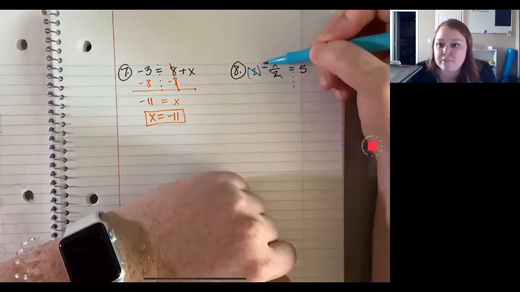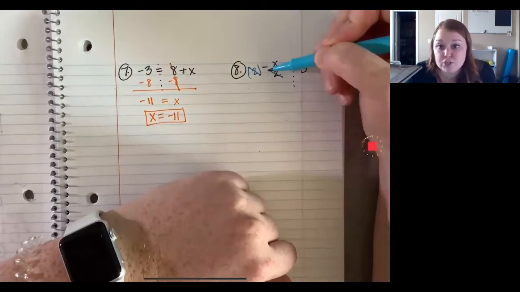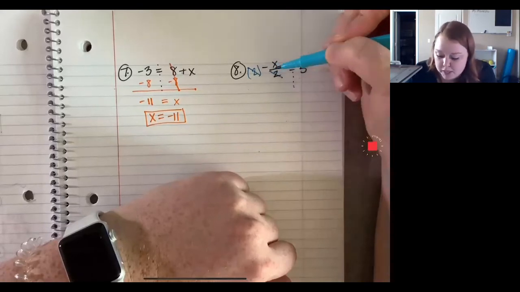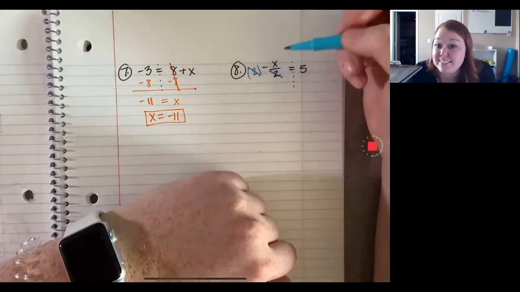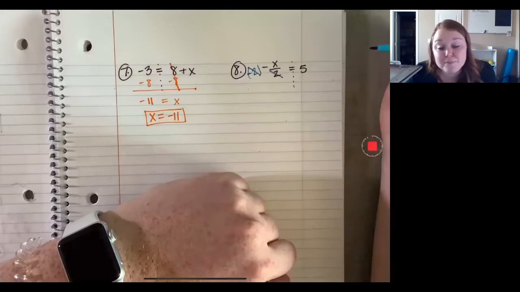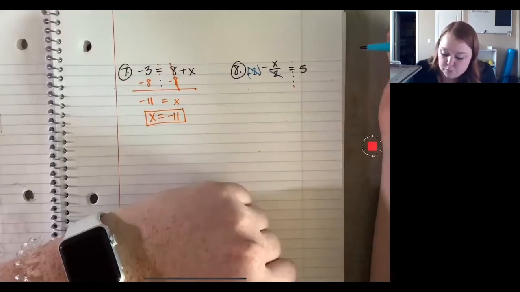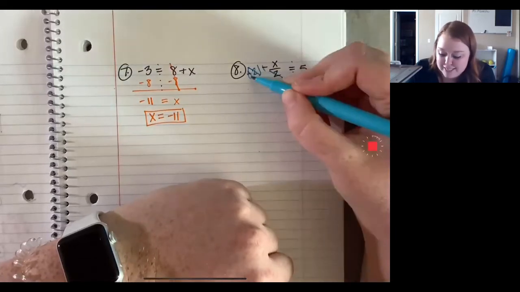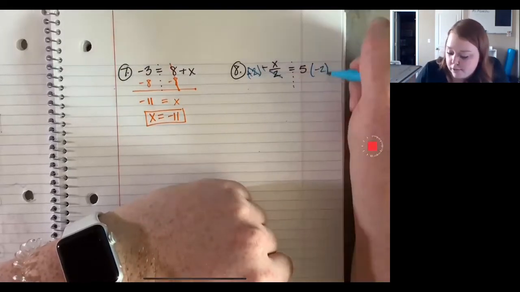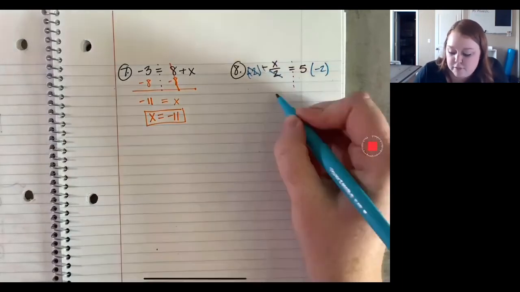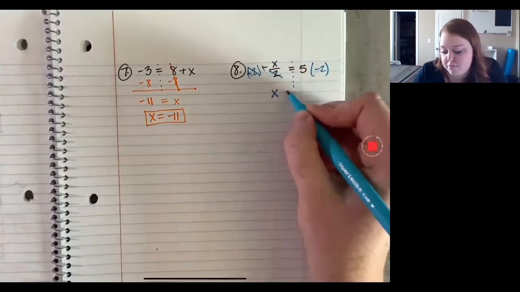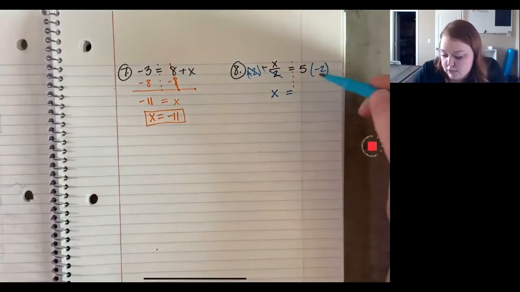We don't want negative x, we want positive x. So what you would actually need to do is multiply by a negative 2, because what's a negative times a negative? Positive, and we want a positive x. So you actually need to multiply both sides by negative 2 on this one. That way I'm left with positive x, and then 5 times negative 2 is negative 10.